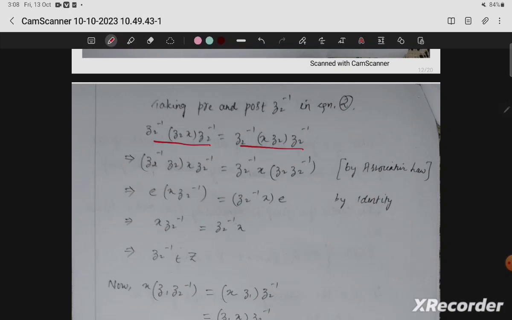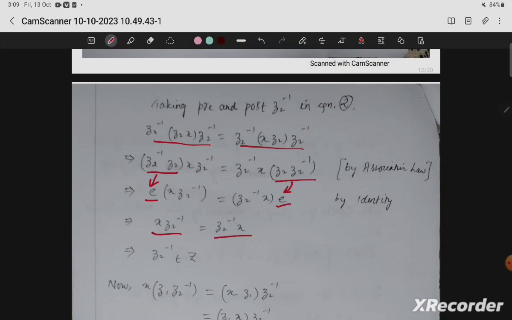When we multiply z2 inverse to equation 2, using the associative law, we can write z2 inverse and z2 together. Similarly, on the right hand side, we can write like this. This will give us identity, and similarly the right hand side will give identity, and multiplying with identity gives the same thing, so we get this.